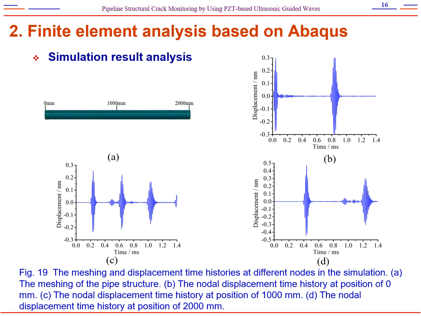As the detection signal propagates along the pipe and reflects at the ends, the echo signal usually becomes more complicated. By analyzing the displacement time history at given nodes for the healthy pipe, it is found that the initial sensing signal and the echo one at the end have a phenomenon of waveform superposition and signal package time broadening.